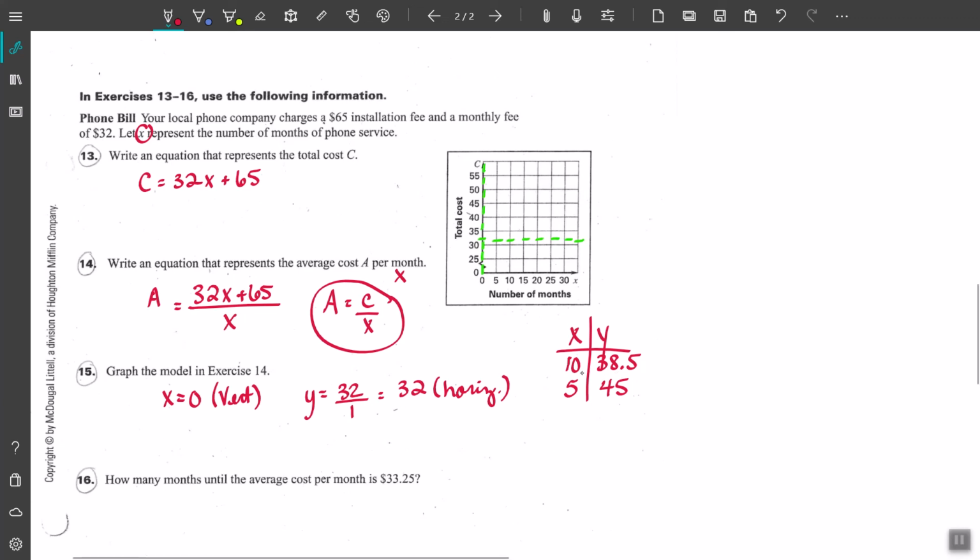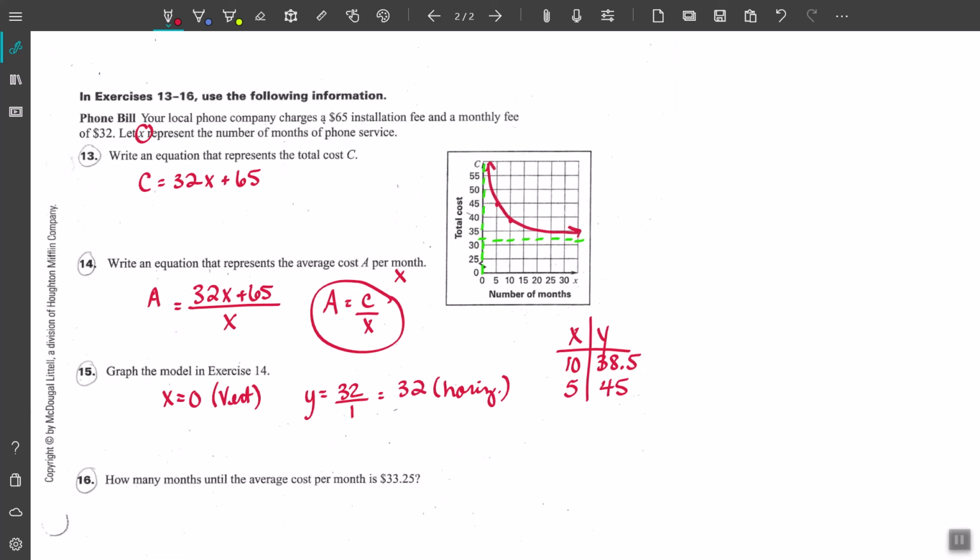So if you have the service for 10 months, you're going to be paying about $38.50 on average per month. If you only have it for 5 months, then your cost is the numerator, and you divide it by 5 months, and you get the average cost of $45 per month over that 5 months of service. All right, so then from there we need to plot these points into the graph and draw in our graph.